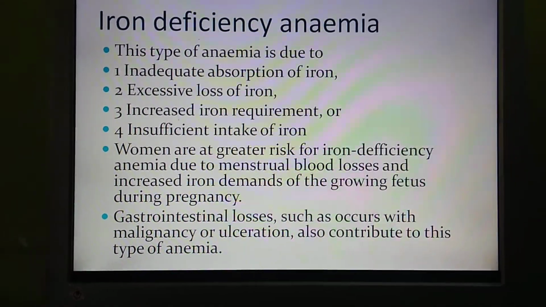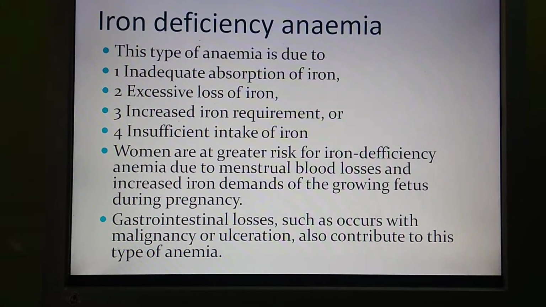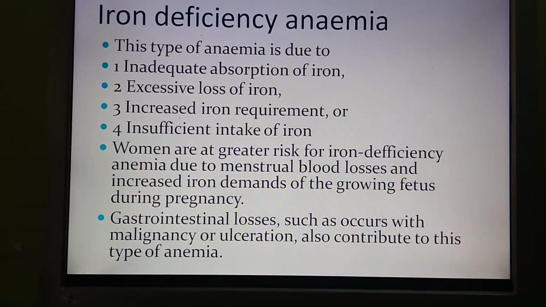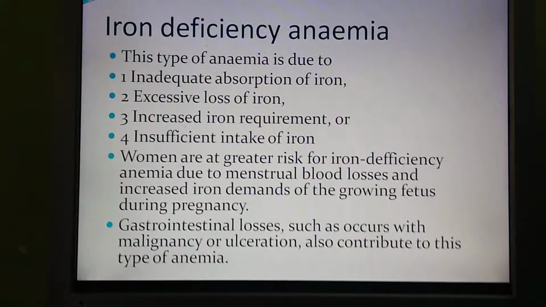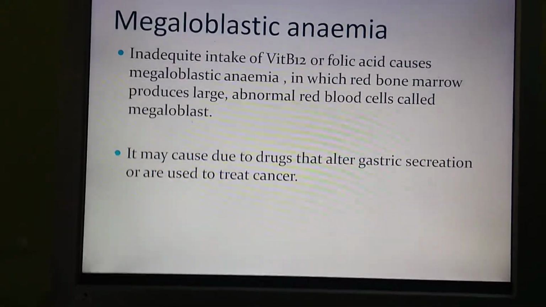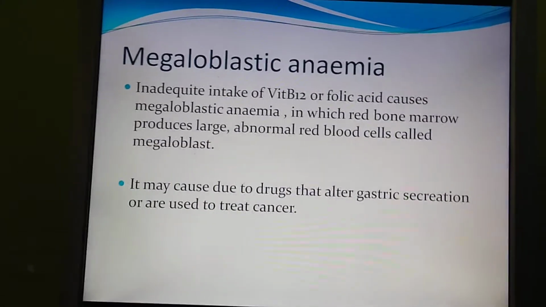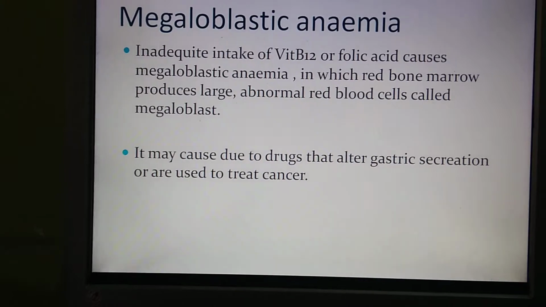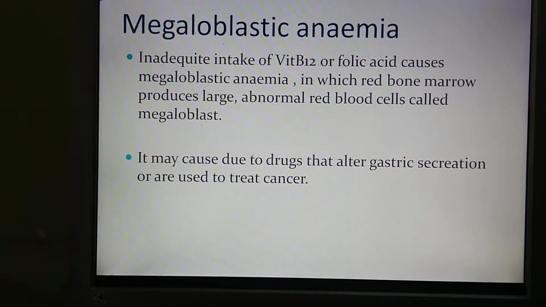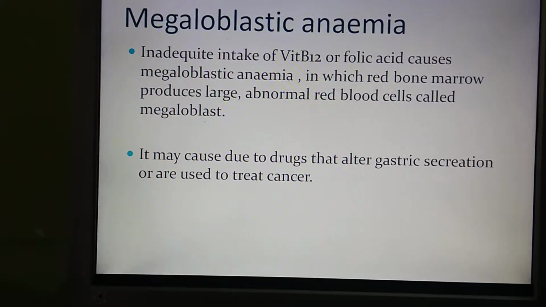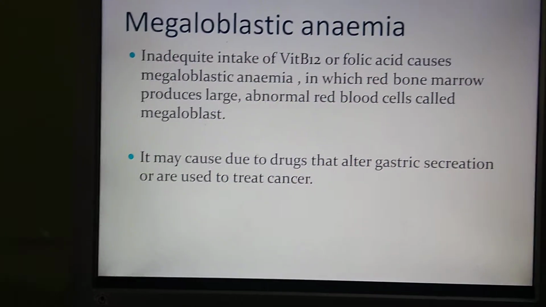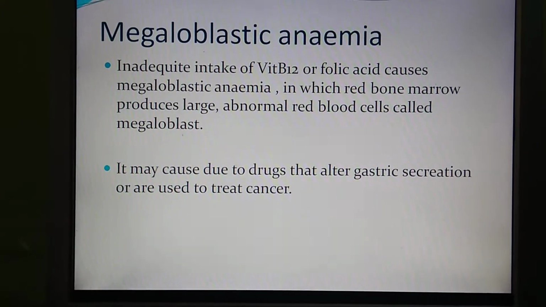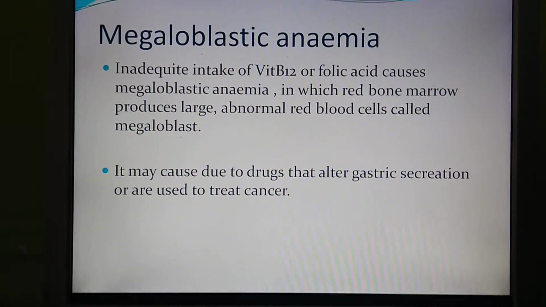Gastrointestinal losses, such as occur with malignancy or ulceration, also contribute to this type of anemia. The second type of anemia is megaloblastic anemia, in which inadequate intake of vitamin B12 or folic acid causes the red bone marrow to produce large abnormal red blood cells called megaloblasts.